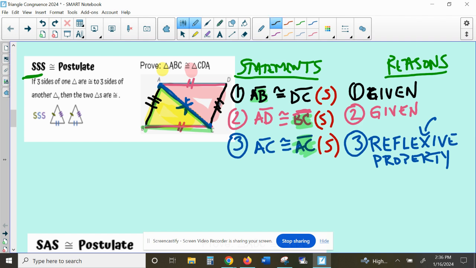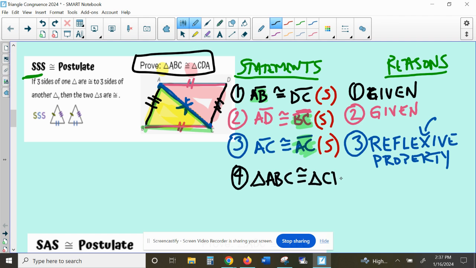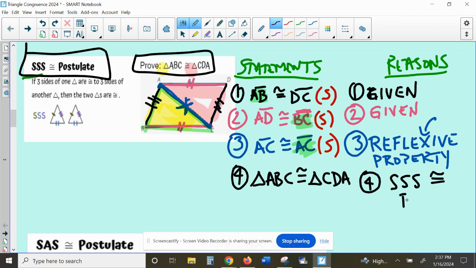So I can make my statement number 4. What I wanted to prove was that triangle ABC is congruent to triangle CDA. And my reason is this postulate over here. So number 4, reason is my side, side, side congruence postulate.